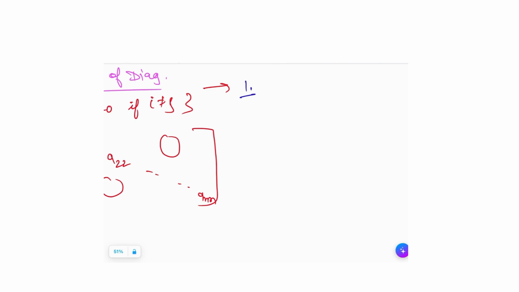So write down the first property. Let A be a diagonal matrix, then k into A is diagonal.